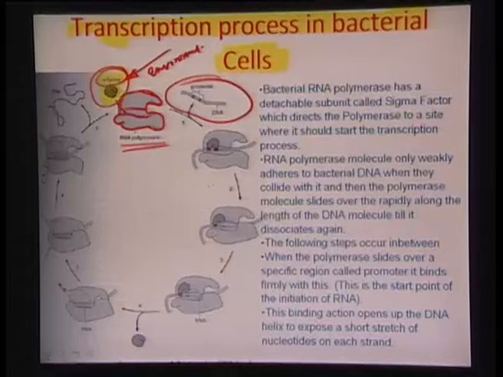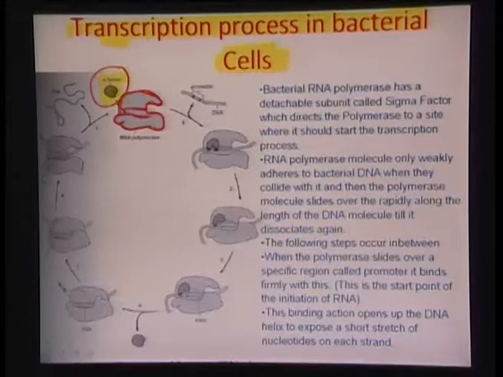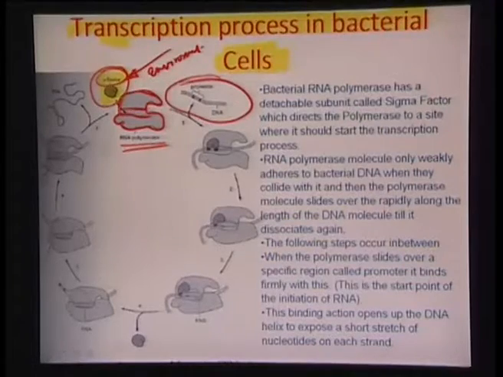We have to find out first the site from which the transcription process should start. The RNA polymerase should know where to start the coding into mRNA from the DNA, the transcription. So let us suppose with the sigma factor the RNA polymerase bites into this DNA region, and then it loosely slides on this DNA from this end all the way up to an extent when it hits a so called promoter region.